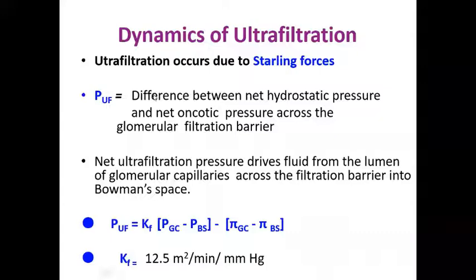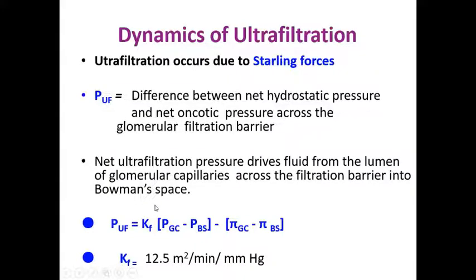So when you're getting the net difference between the hydrostatic pressure and the oncotic pressure, it will give you the ultrafiltration pressure. But there are also other factors that are provided by the filtration membrane. Some of those factors are the permeability of the filtration membrane and also the surface area where filtration is taking place.